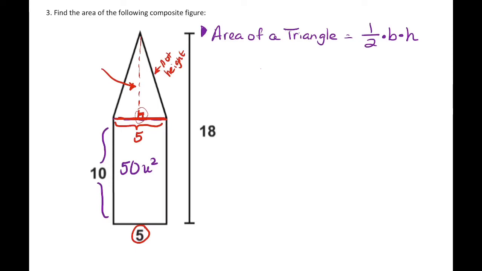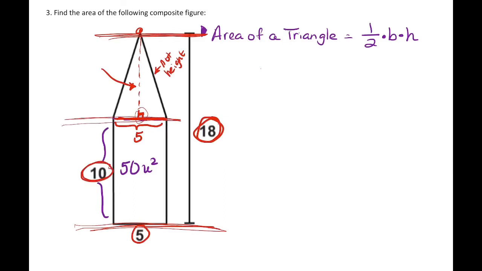And here are the 2 numbers that are going to help you figure it out. Well, the overall height of this figure, it says it's 18. That's from the very top of that shape to the very bottom of it. Well, we're also given that the rectangular part of the shape from here to here, that's 10.